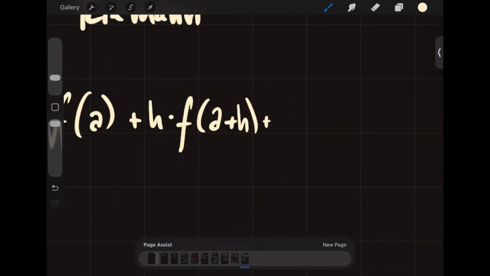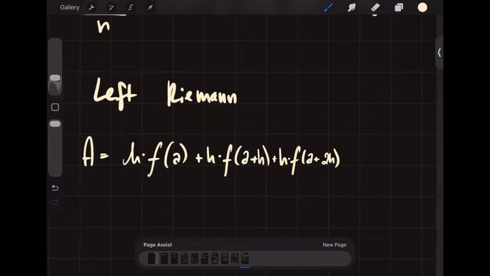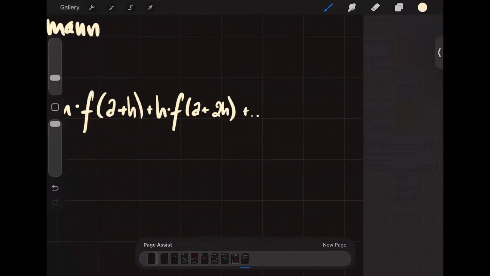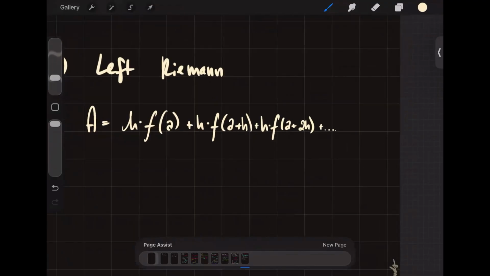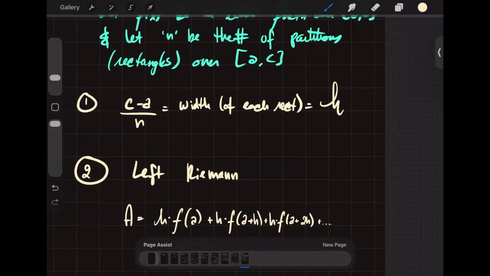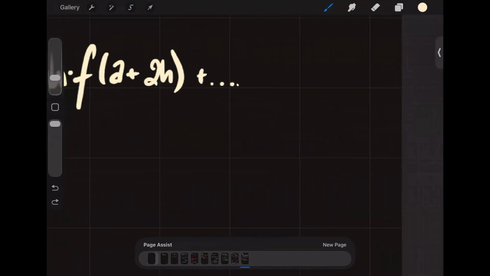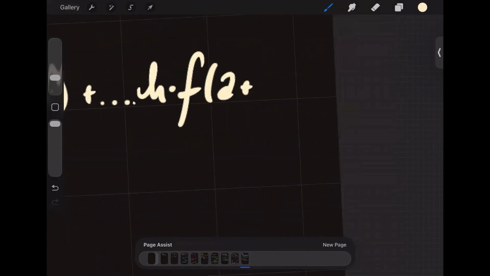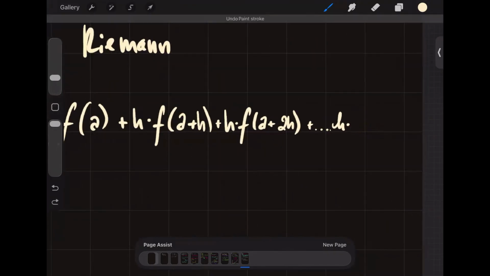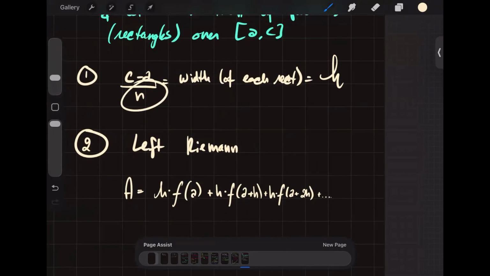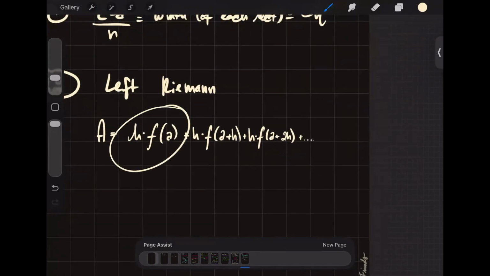And then for the third rectangle, h times f of a plus 2h, plus and so on. How many rectangles do you have? You have n rectangles. And we started counting at 0. So instead of saying a plus 2n, I'm so sorry, you have n rectangles, but you started counting at the 0th endpoint.